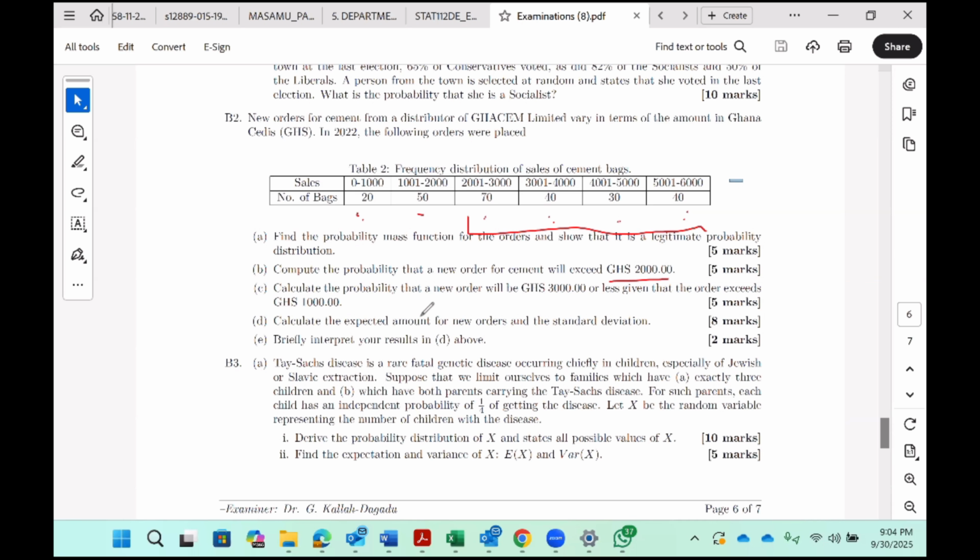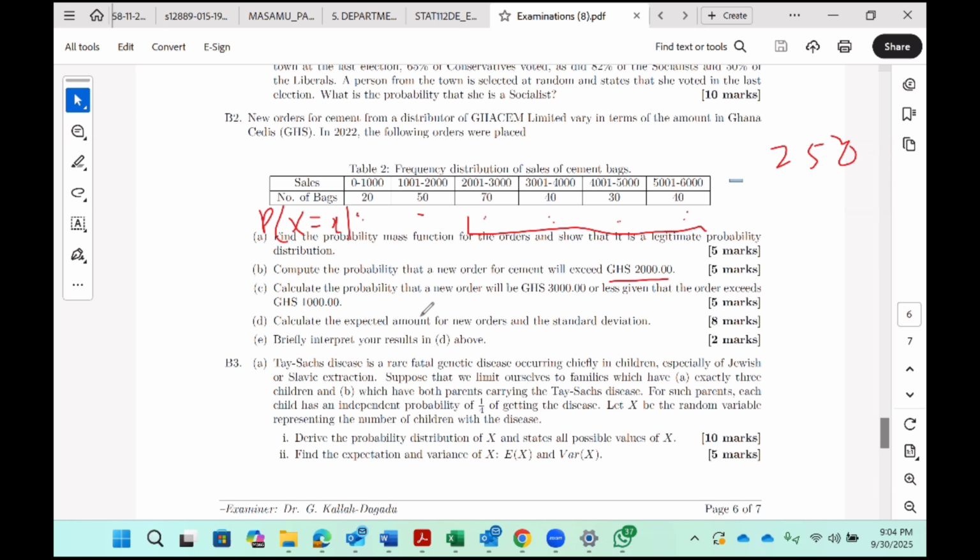So please calculate for me: 20 plus 50 will give me 70, plus 70, 140, plus 40, that's 180, plus 30, 210, plus this, that's 250. So 250 bags. So here we have your probability. The probability that X is equal to the value small x, the sales, here.